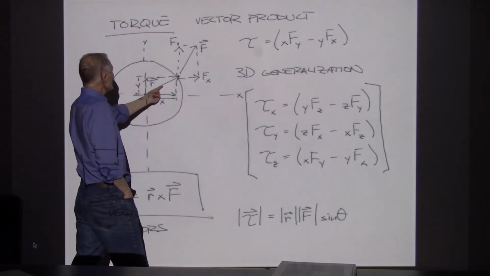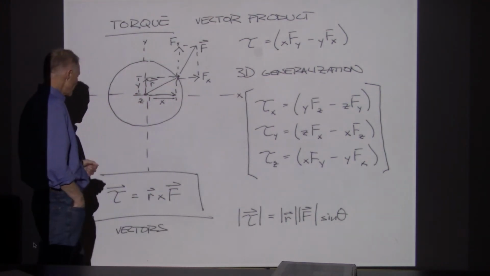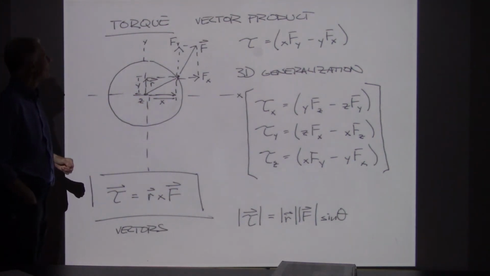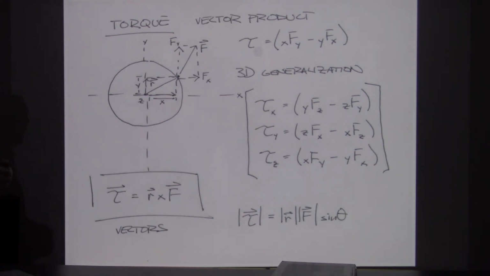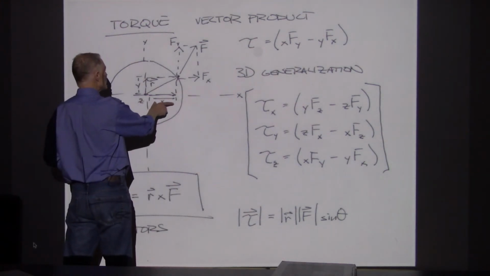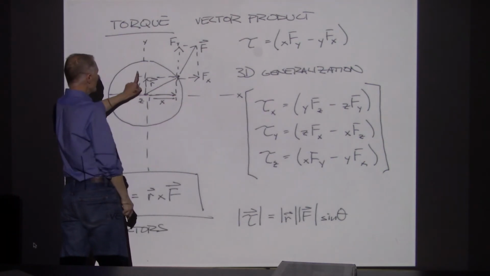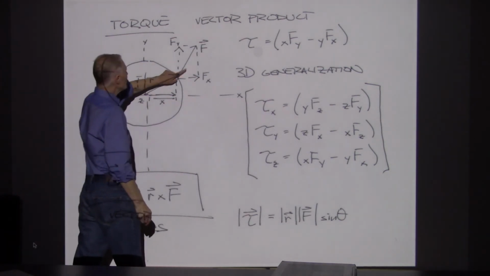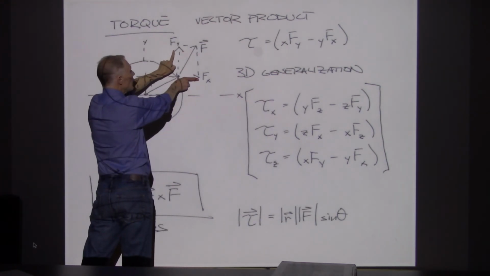And then we'll say that here is a lever vector, and the lever vector is going to have components, x, y, z, in general. In this example it's just two dimensions, x and y, but there is an x component to the lever, and there's a y component. Now the force is tipped at some other angle, and it too has components.